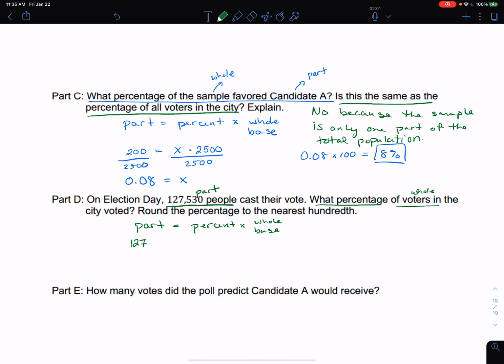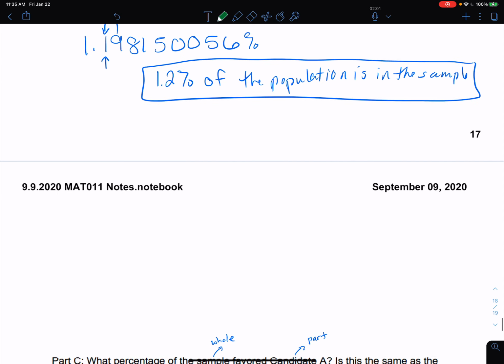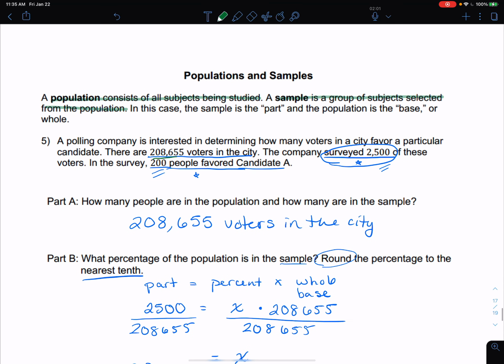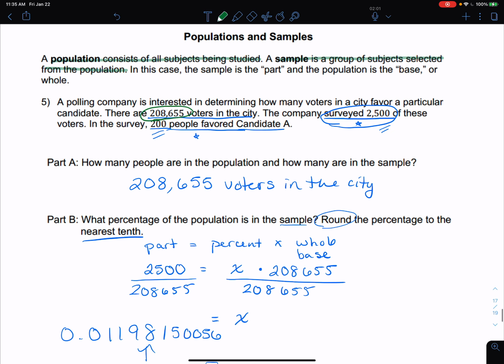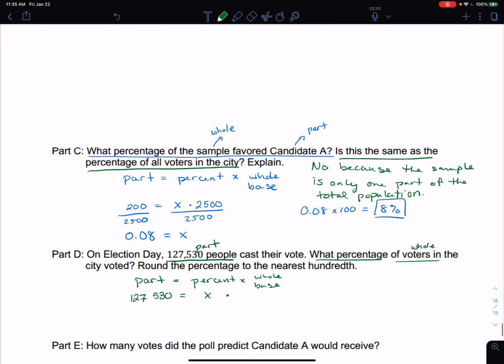So that part is the 127,530. We don't know the percent. And that whole was this total number of voters in the city, the 208,655 people. So to find the percent, we divide. And whatever we do to one side, we must do to the other.